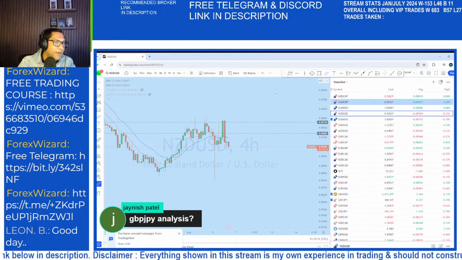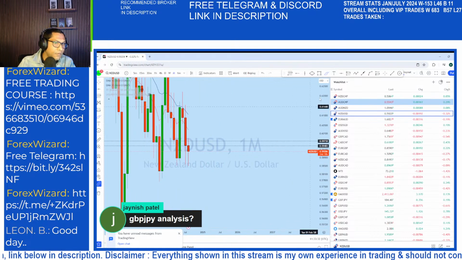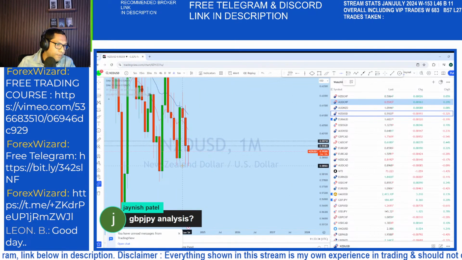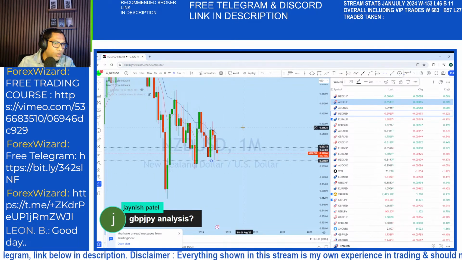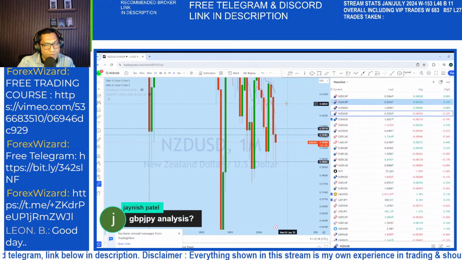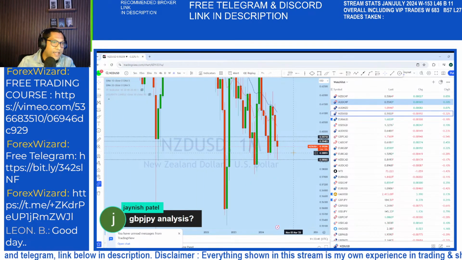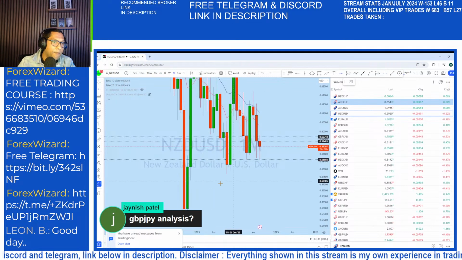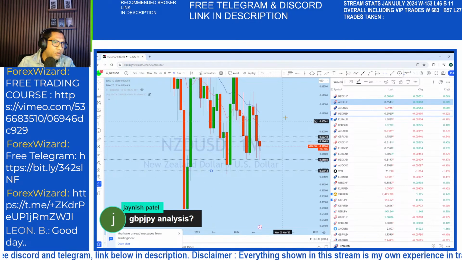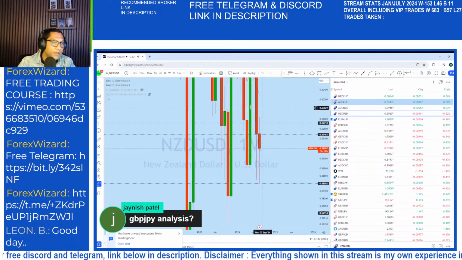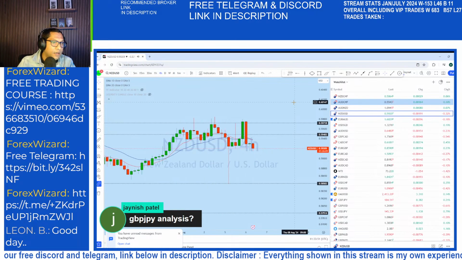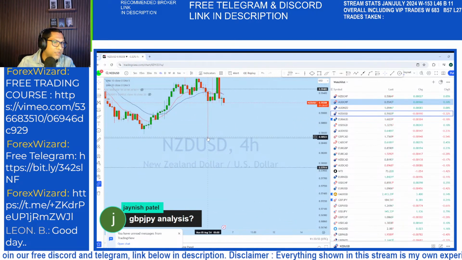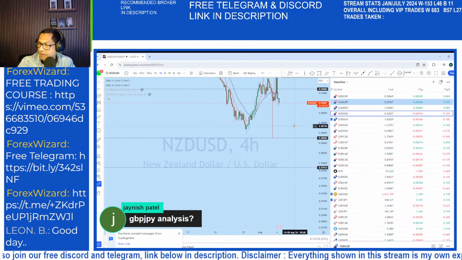Looking again at monthly, this is this month's low, and with this month's low, I think that on NZD/USD the market may drop back to this support. This is one support here, there's another one here.